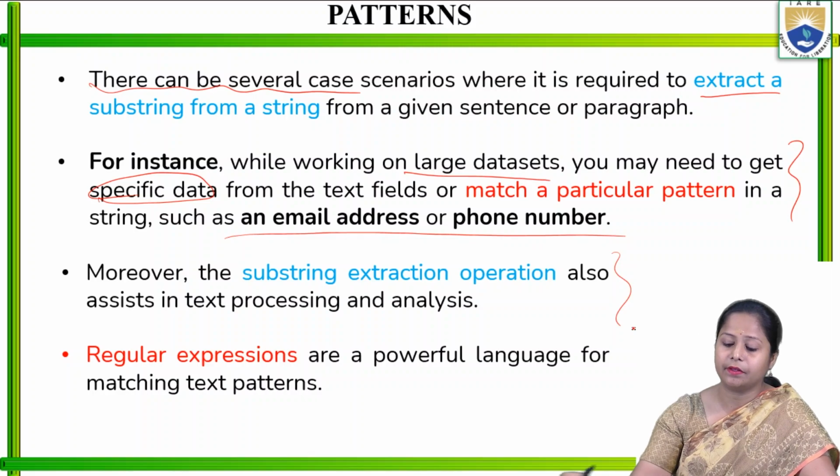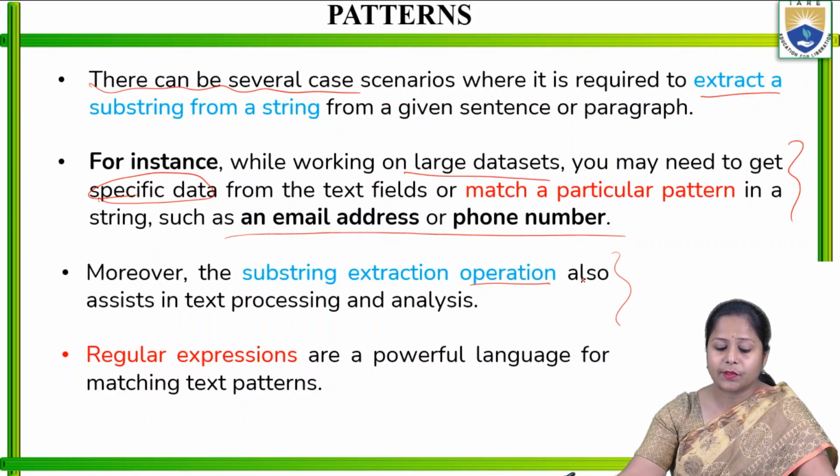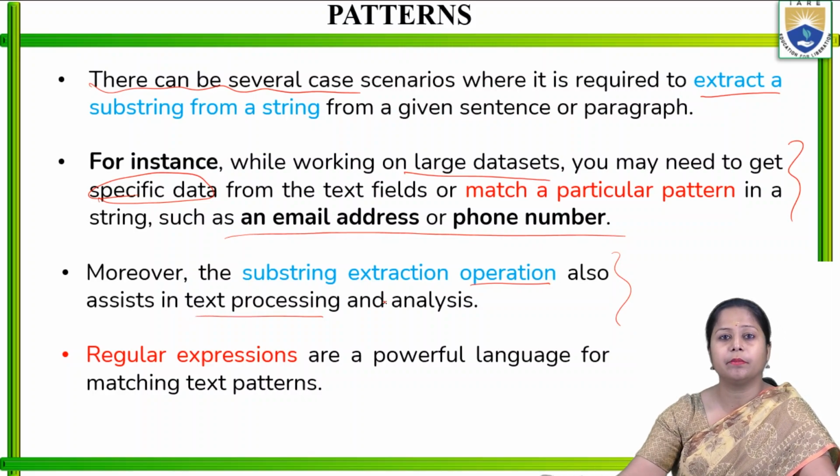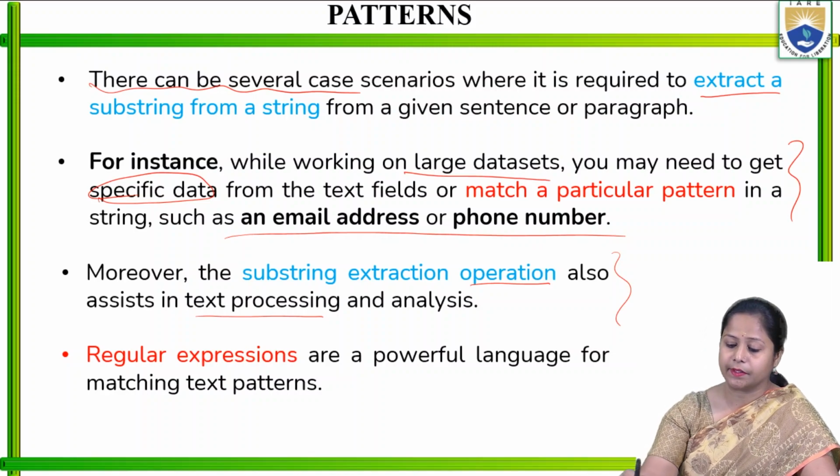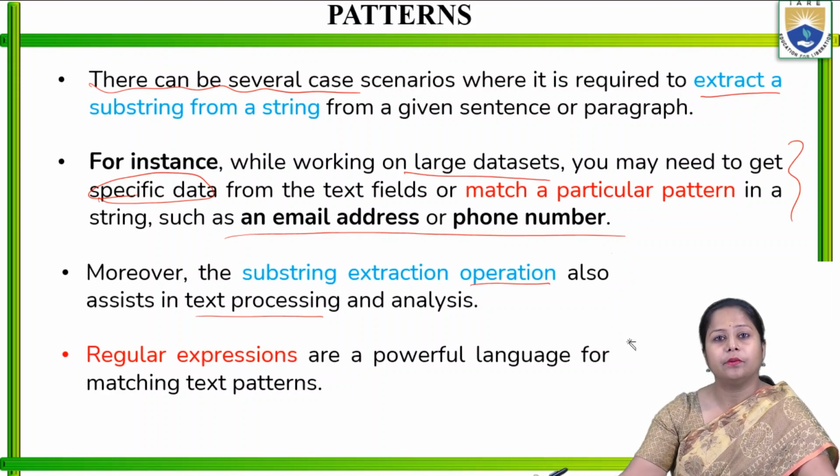Substring extraction also exists in text processing and analysis methods. So, whenever we consider pattern matching, these two tasks are involved: we need to extract the substring from the string, from the set of sentences.